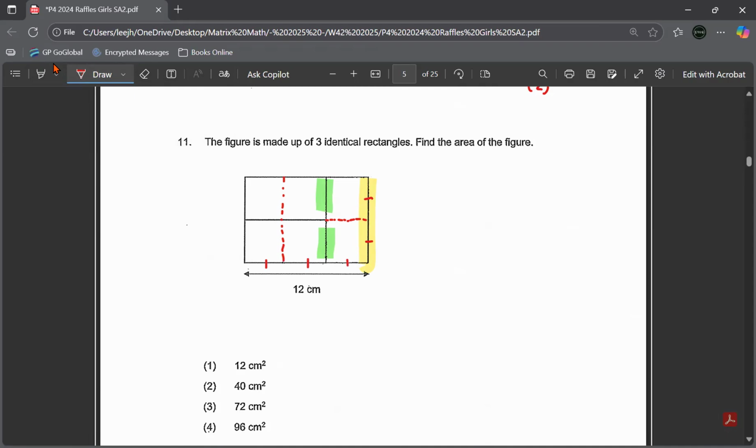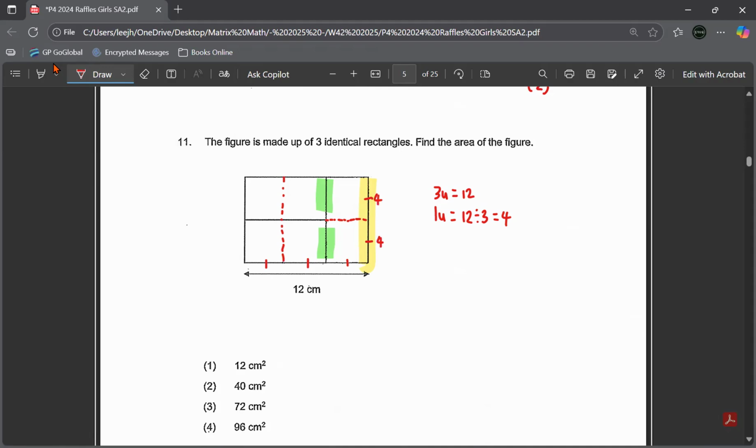Can you see how many equal parts is 12? It's 3 equal parts, or 3 units, is 12 cm. For 1 unit, 12 divided by 3 equals 4 cm. So this one is 4.